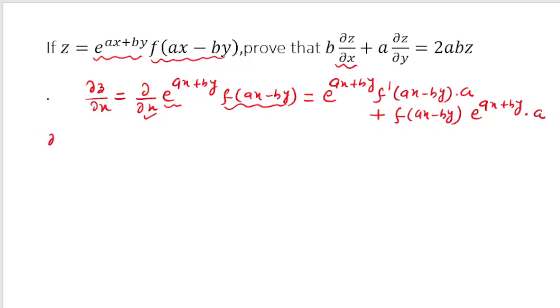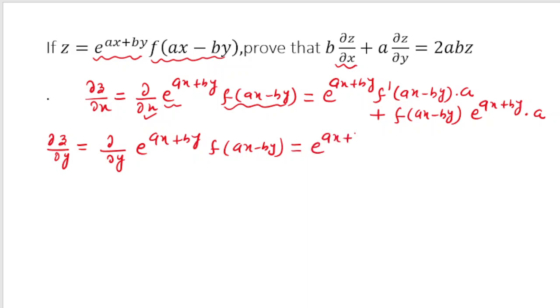Similarly, if I calculate del z by del y, what I will get? I am writing del by del y of e to the power ax plus by and f of ax minus by. So in this case, again using the same argument, I will get e to the power ax plus by, first function. Derivative of the function f, since we don't know what it is, I will just write f dash of ax minus by.